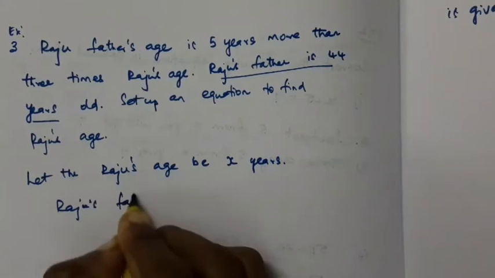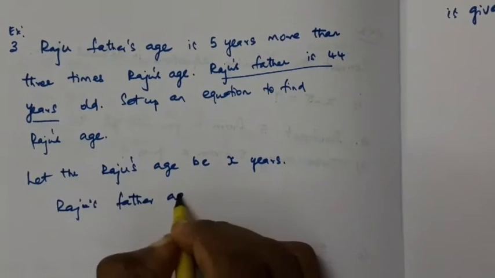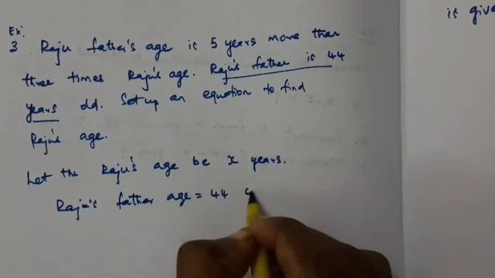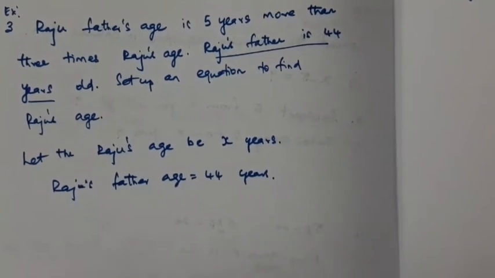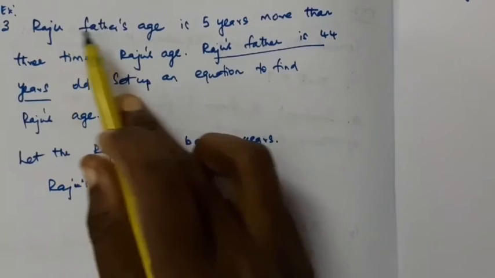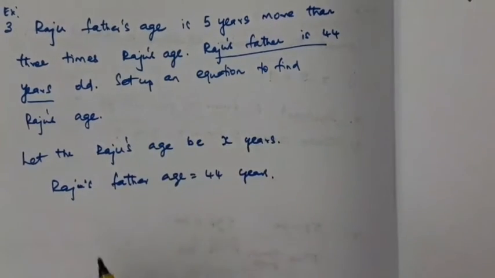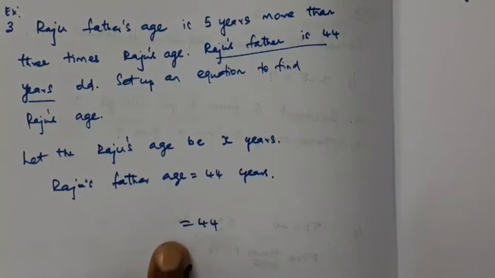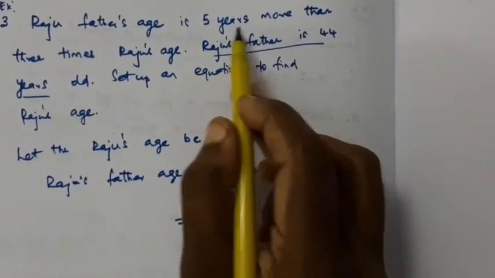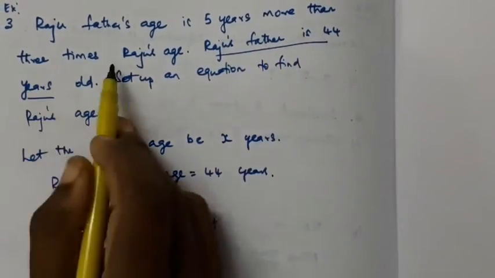So now what is the equation? Equation is here. Raju's father's age is 44. So 44 is equal to 5 years more than 3 times Raju's age.